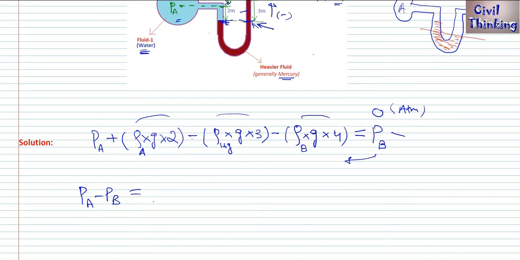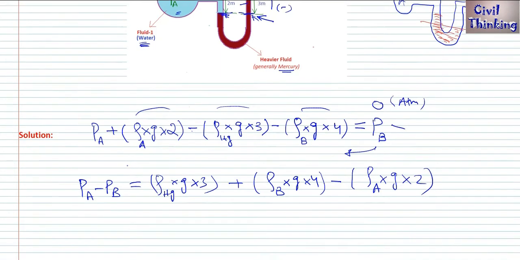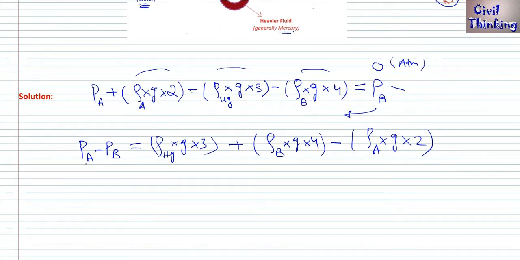So first is rho Hg, meaning mercury, multiplied by g multiplied by 3, plus density of fluid B multiplied by g multiplied by 4, and this term will be negative on the right side, right? Density of A multiplied by g multiplied by 2. Here we go, we found the pressure difference PA minus PB.